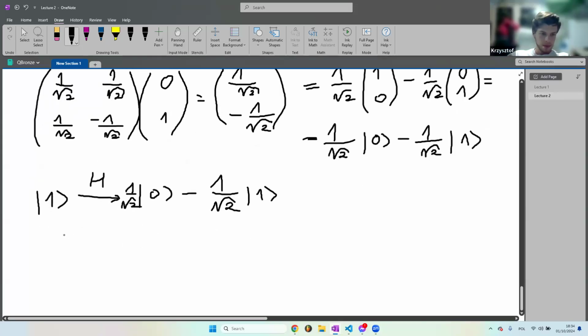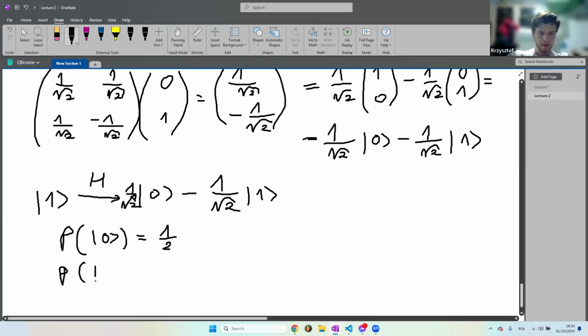So now the probability of measuring state 0 is 1 over 2, because it's 1 over square root of 2 squared.